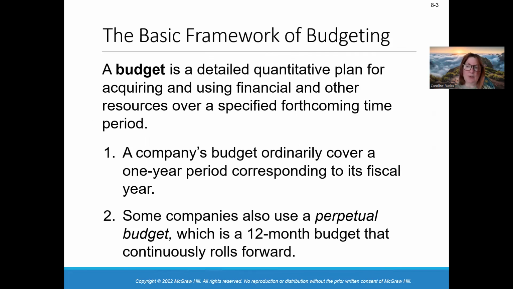So we're looking into the future, covering a specific period. A company's budget ordinarily covers a 1-year period corresponding to its fiscal year. Some companies will also use a perpetual budget. It's a 12-month budget that just keeps rolling forward each year.